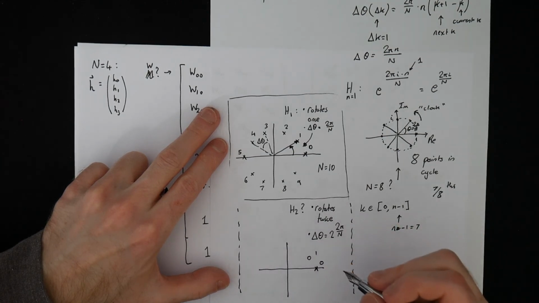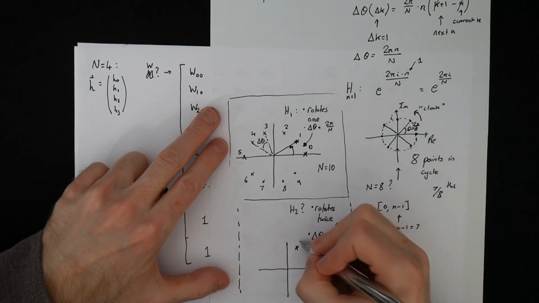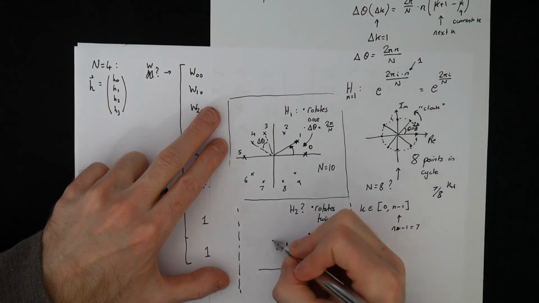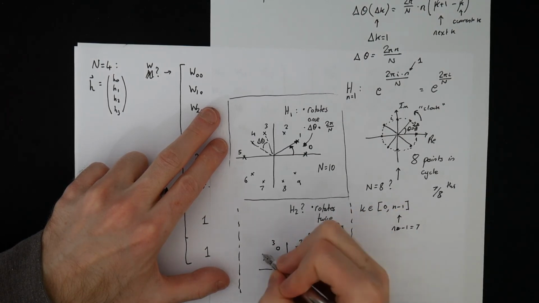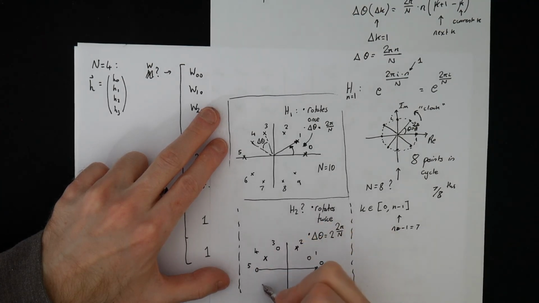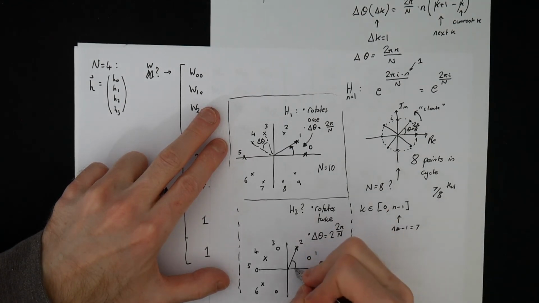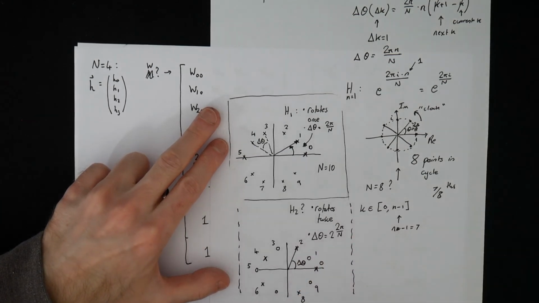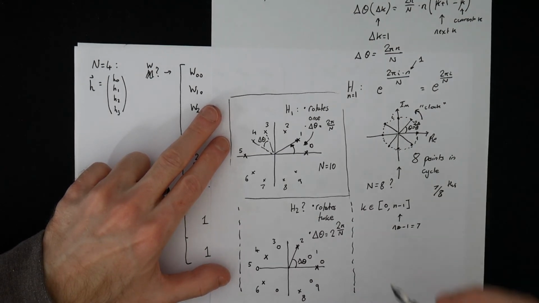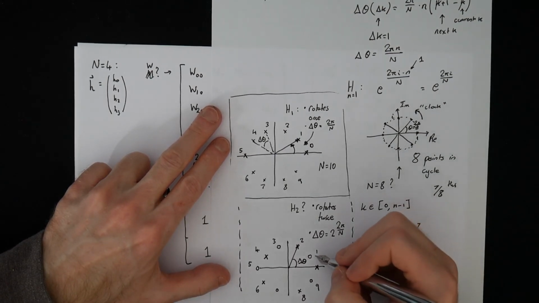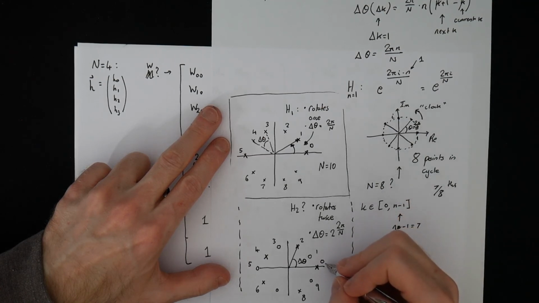So I'll just draw a circle. We visit point 2, but we do not visit point 3. We visit point 4, but we do not visit point 5. We visit point 6, but not 7. 8, but not 9. So delta theta is this, twice as big, and it goes around twice. So it will visit this point twice, right?